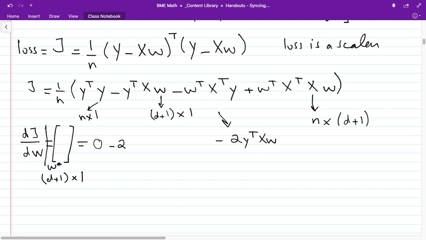But to find this derivative with respect to w, we're going to end up with something that has a y and an x in it. Now the question is, is the derivative of y transpose xw with respect to w equal to y transpose x, or is it equal to the transpose of this, which is x transpose y?